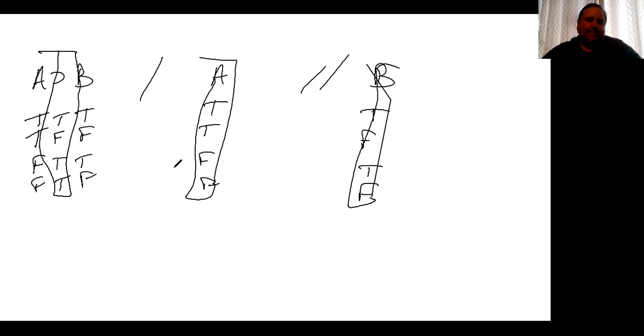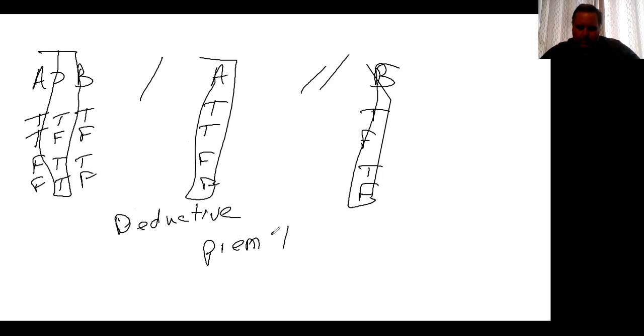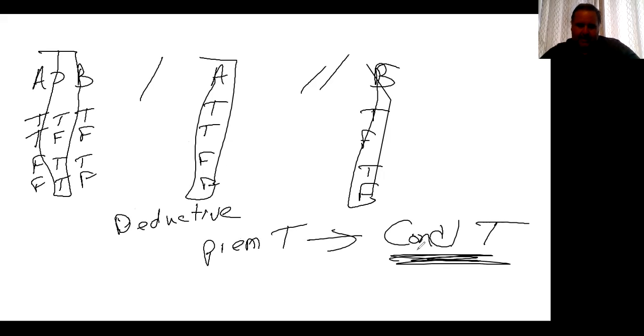Now, if you remember, a deductive argument is one in which if the premises are true, then the conclusion necessarily must be true, right? So if the premises are true, the conclusion must be true. So what we want to do is find a line in which we look at the premises.